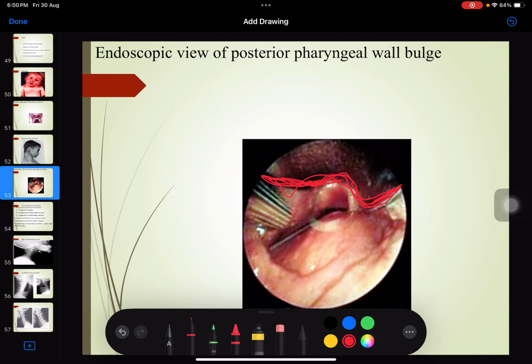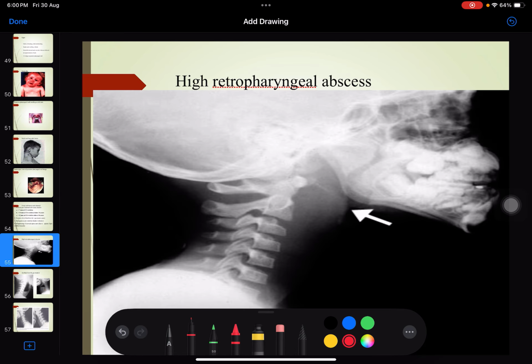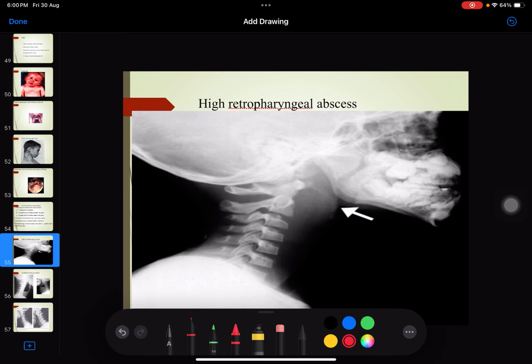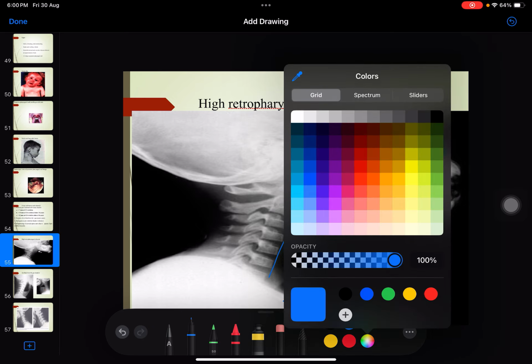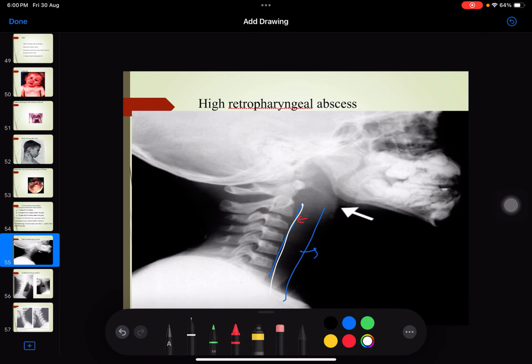Now this is very important. Before I go to this slide, I will go to this one. So see here, whether or not this is a retropharyngeal abscess, you need to look at this soft tissue shadow. If you look into this soft tissue shadow, you need to remember 7, 7, 14, 21. So 7, 14, 21.